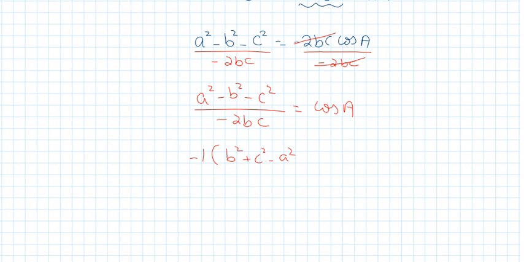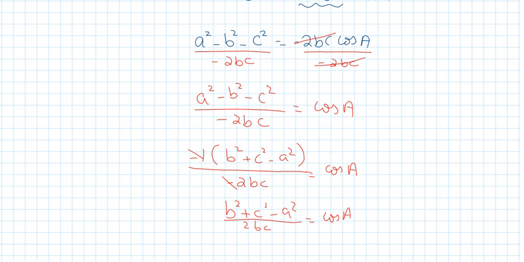When you factor a -1 out, this becomes negative, this becomes positive, this becomes positive, just to write them in a nice, neat way. And then divided by -2bc. Because I have a negative here and a negative here, they cancel to become positive. So your formula will be b squared plus c squared minus a squared over 2bc equals cos A.